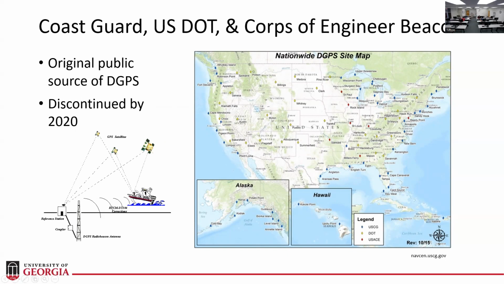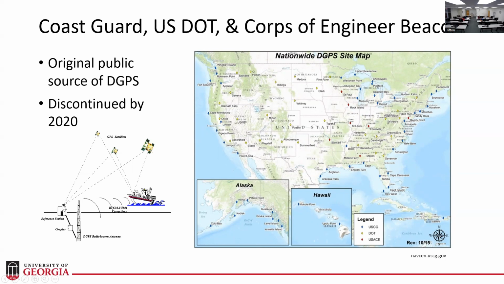So at the same time that your GPS receiver on your boat is receiving signal from these satellites and calculating your position, a nearby beacon also has a GPS receiver and acts as a base station. The base station at the beacon is also calculating its position, but we know the actual location of this base station.